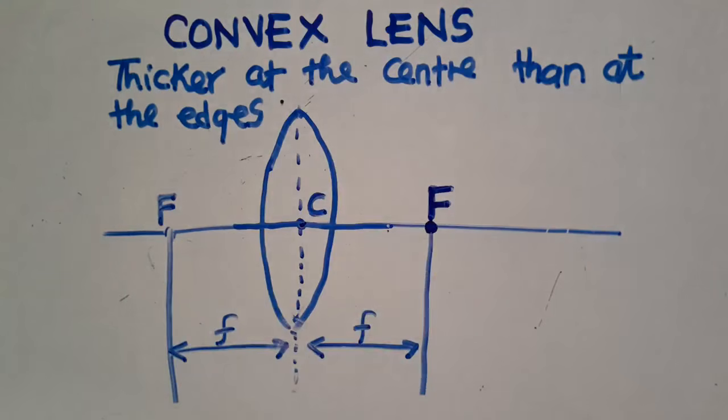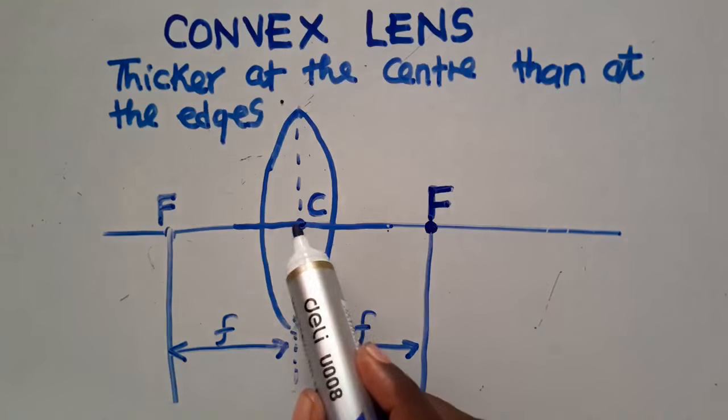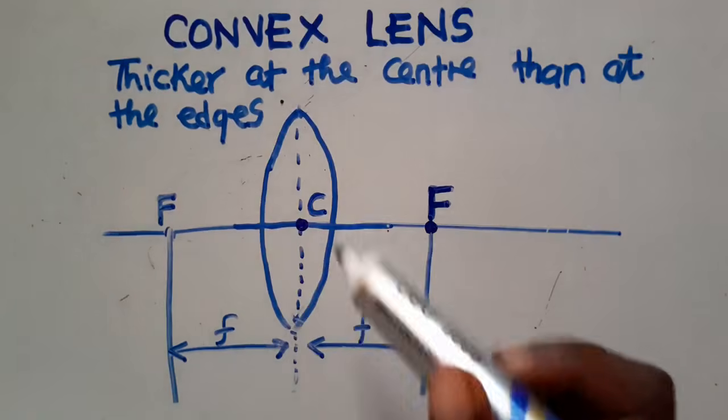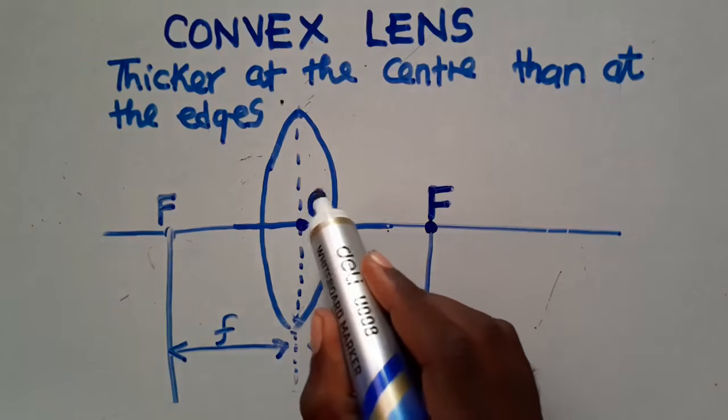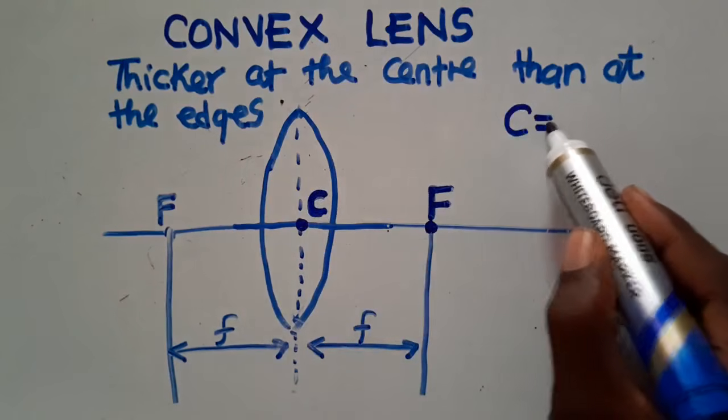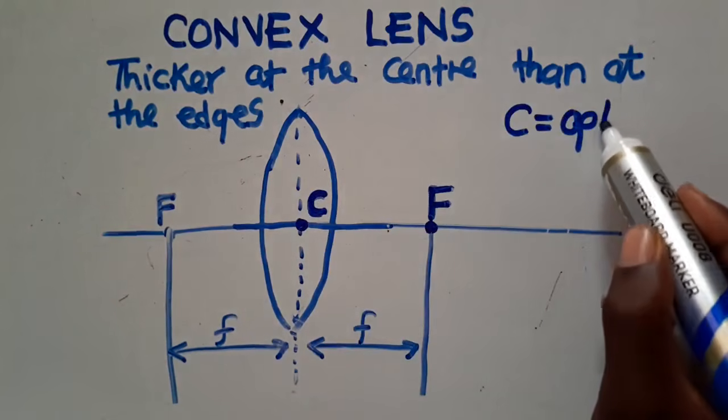The first thing that I'm going to start with is this point called the optical center. The C there is called the optical center.